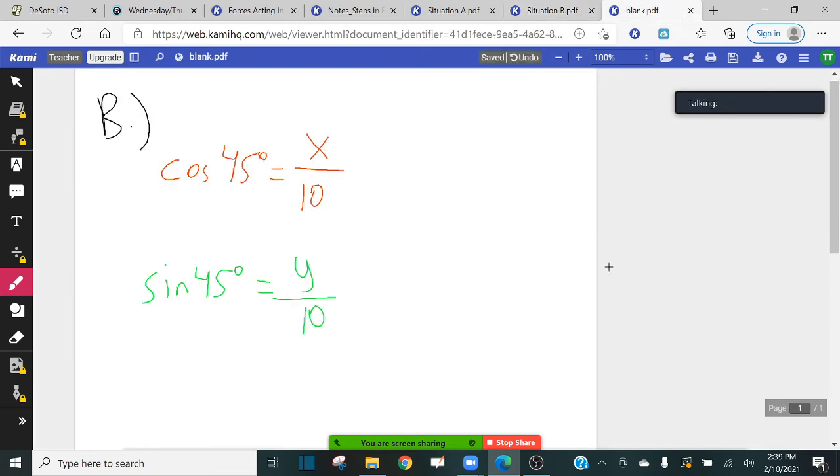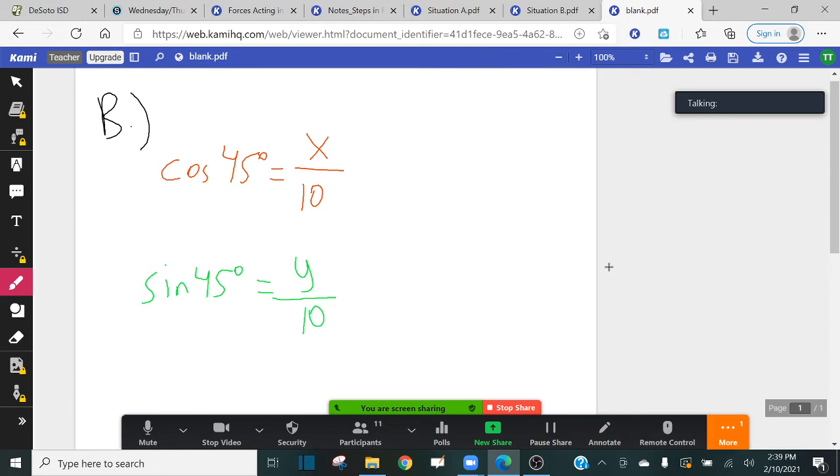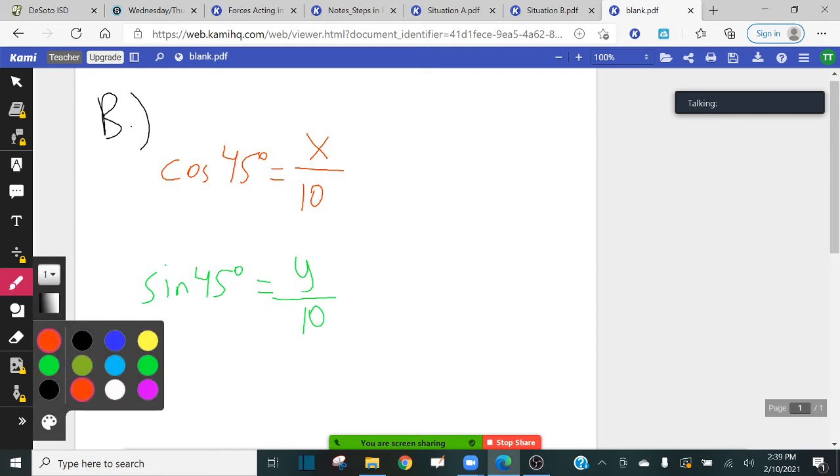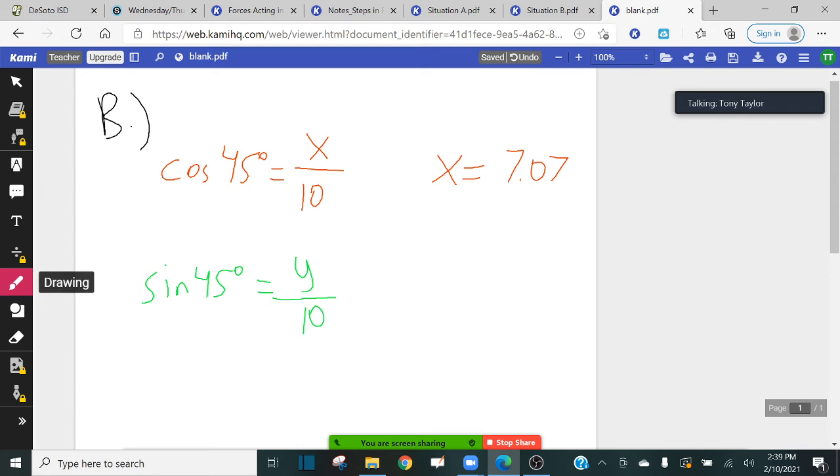Can someone put it in their calculator and tell me what you get for x and y? Yes, that is correct, Stephanie. So x is equal to 7.07. And what did you get for y?